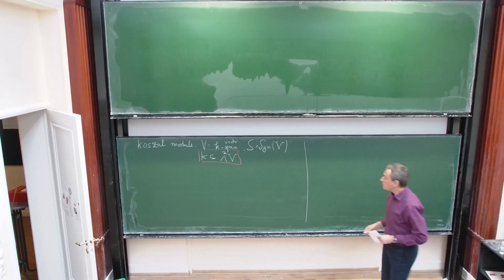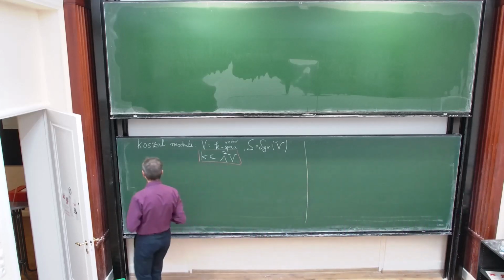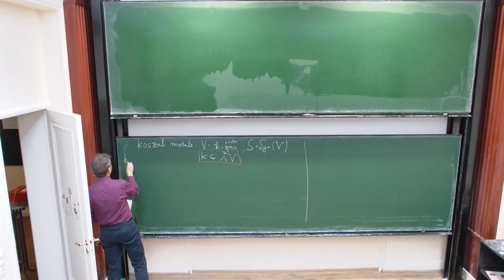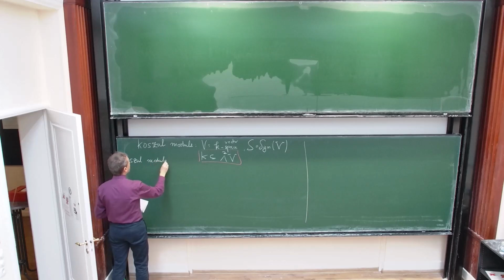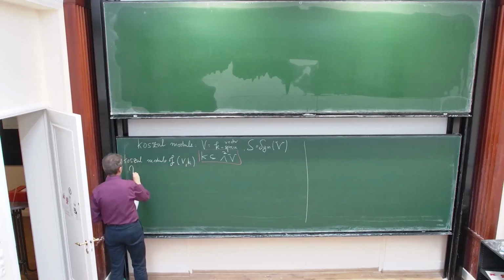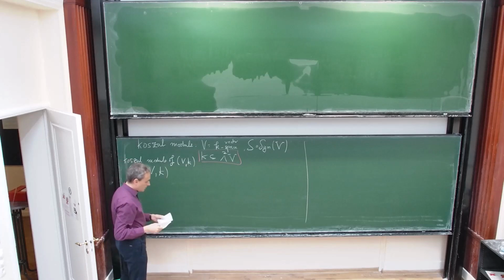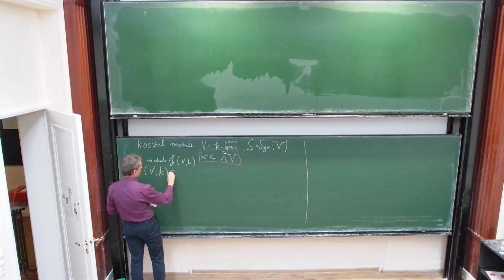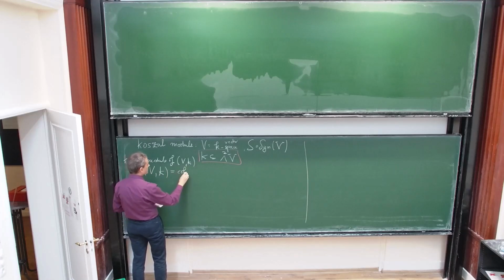What is the Koszul module of this pair? The Koszul module of the pair V and K is unfortunately denoted by W, because Koszul cohomology stands for something else. It is the cohomology of the following complex.